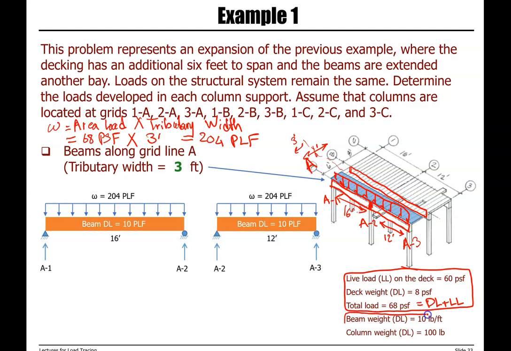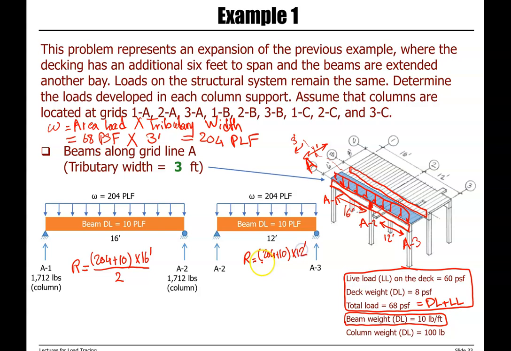Pay attention that we need to include the dead load of the beam in our calculation. So the reactions here are equal to 204 plus 10 times 16 divided by 2, and here 204 plus 10 times 12 feet divided by 2.